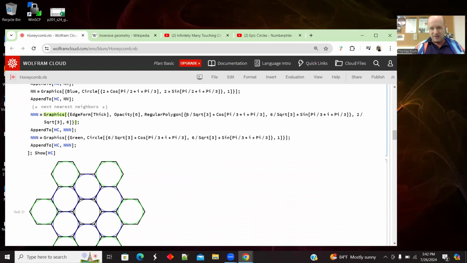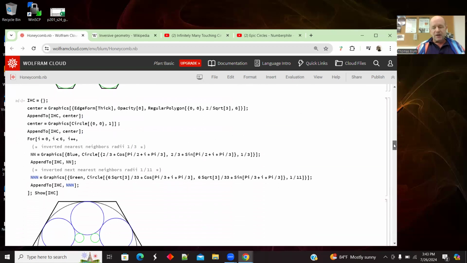And I just have to do a little work to find the centers. So this 6 on the square root of 3 is the distance, and then here are the appropriate angles going around. All right. And the circles are the same, and they have radius 1. So there are the next nearest neighbors in my honeycomb lattice and the inscribed circles, and I've made them green.